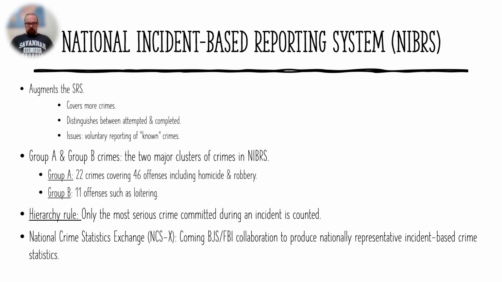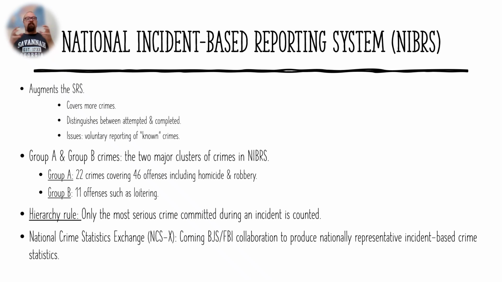All right, so now we're going to look at the NIBRS. The National Incident-Based Reporting System. Remember whenever I said one of the limitations for the UCR is that it doesn't give us characteristics of the crime. It just tells us that the crime occurred. Well, the NIBRS gives us characteristics of crime.